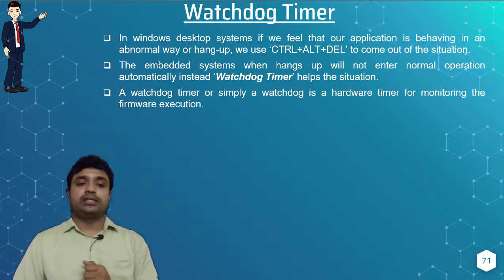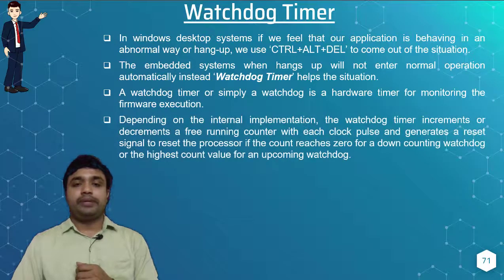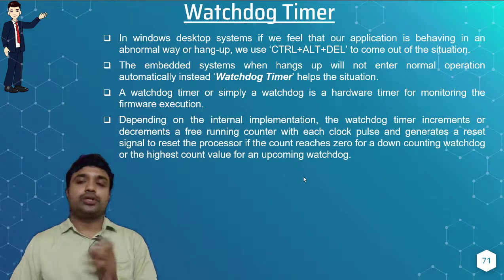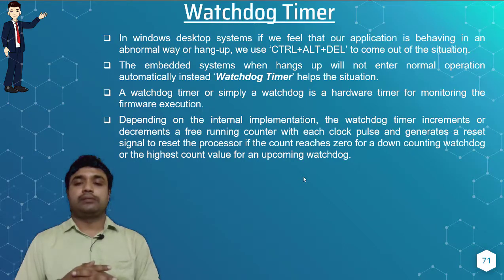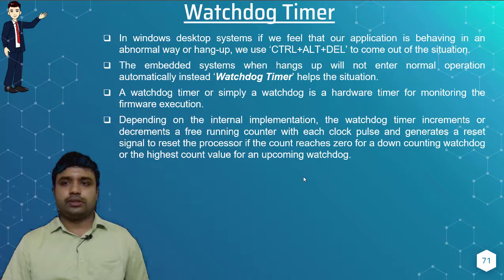What is the purpose of a watchdog timer? It monitors all the firmware execution cycles. Depending on the internal implementation, a watchdog timer performs an increment or a decrement operation.